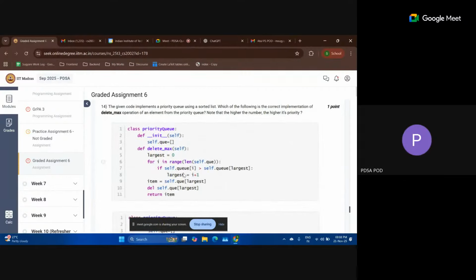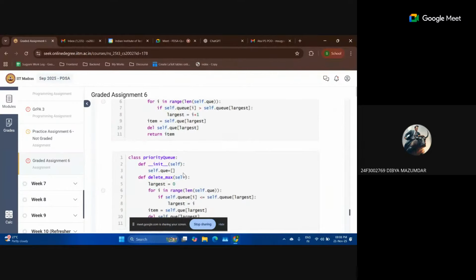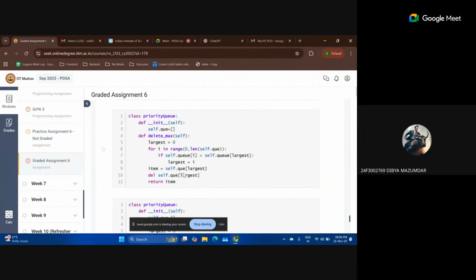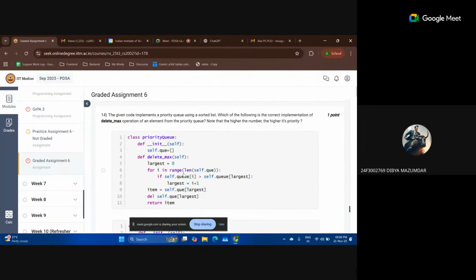Okay. What is the doubt here? Ma'am, can you please explain the question? Choosing the option is getting a little bit tricky. So you have a priority queue. You know what a priority queue is, right? In a queue, for every element you have some priority value.